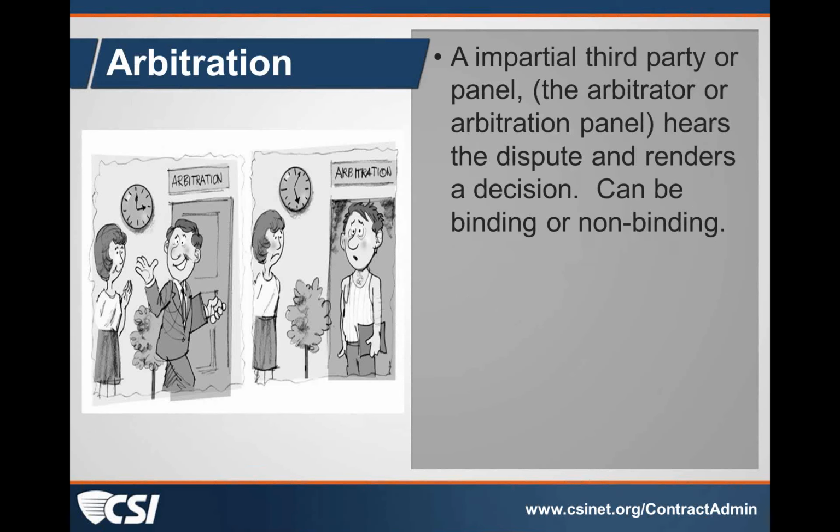Arbitration can be binding or non-binding. If it's binding, then that decision of that arbitrator or arbitration panel is final and enforceable in a court of law. If it's non-binding, then either party that's not satisfied with that decision can then proceed on to litigation.